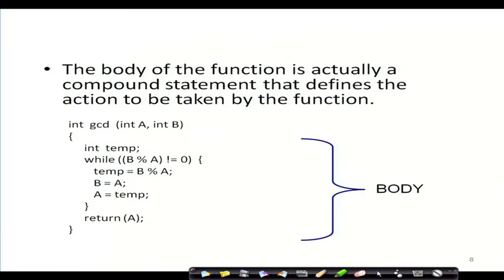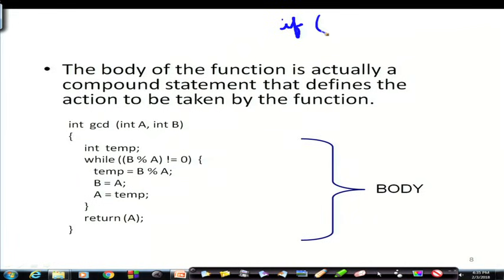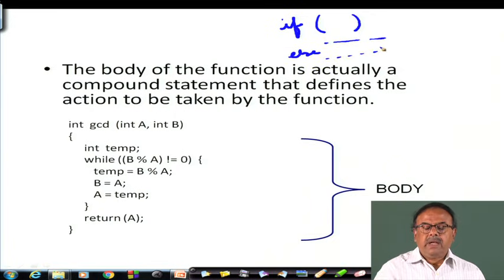Now, what is the body of a function? The body of a function is actually a compound statement. Just as I had statements like a for loop, or a while loop, or if conditions, where I write if some condition, then some statement, else some statement, like that.